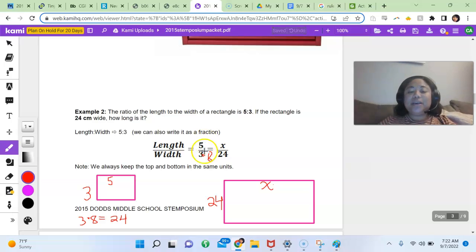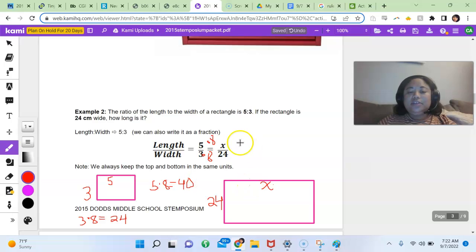Well, if I multiply 3 by 8 to get my width, I also have to multiply 5 times 8 to get my length. So then I have to do 5 times 8. And what does that give me? Well, that gives me 40.